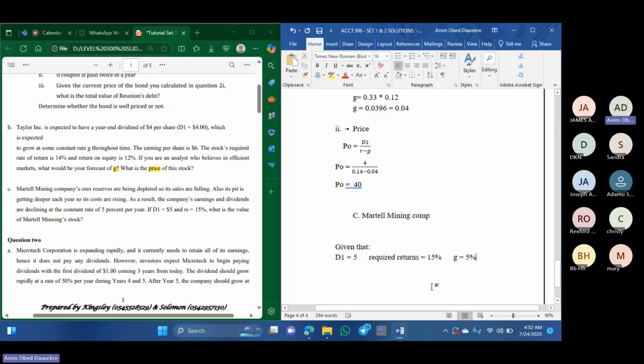So the stock price is the price. We are using this formula.